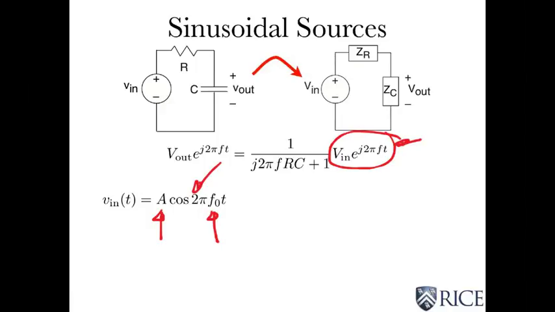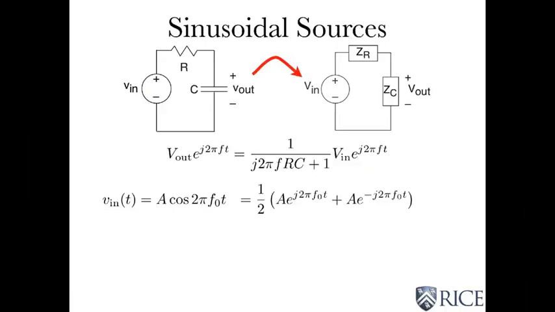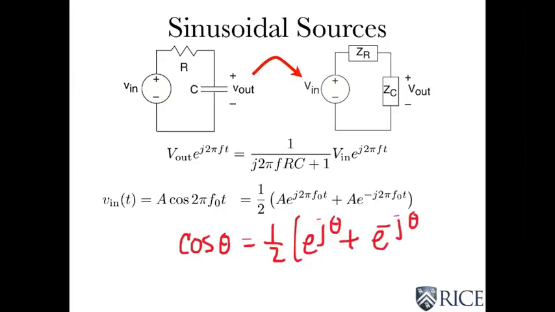Well, the mathematical trick is Euler's formula. We know from Euler's formula that a cosine is equal to 1/2 times e to the j theta plus e to the minus j theta. A complex exponential at an angle of theta, and a complex exponential at an angle of minus theta.